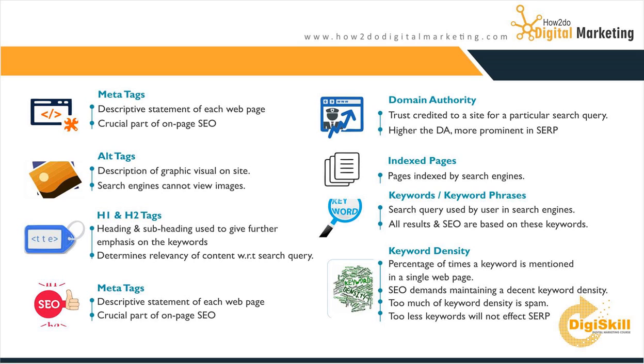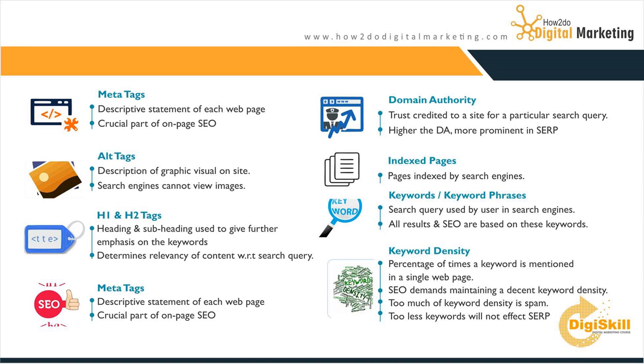Keyword density is the percentage of times a keyword is mentioned in a single web page. Please remember, please do not do keyword stuffing, which is making your keyword appear all across the page, hoping that it will improve your SEO. No, it will not. In fact, you will get penalized by the search engine for doing keyword stuffing.